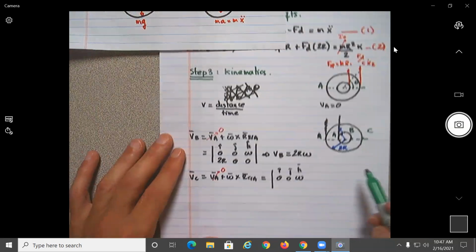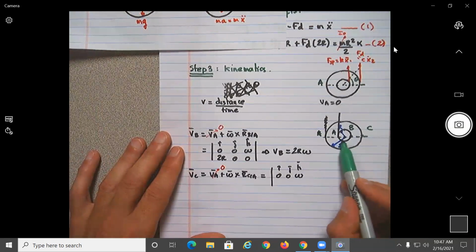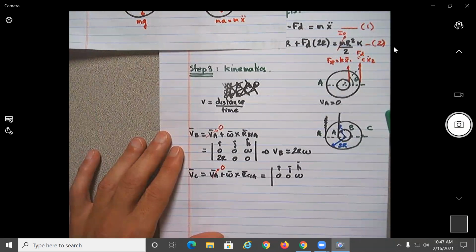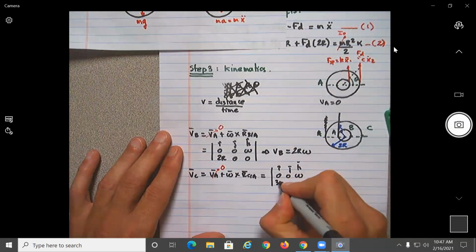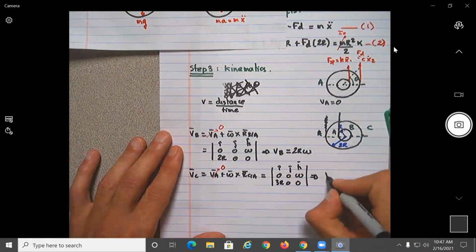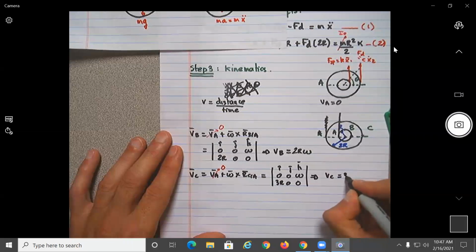Yeah. And now this one will be at what? It would be at 3R, no? Now here 3R, 0, 0. So this will give you that VC equals 3R omega.